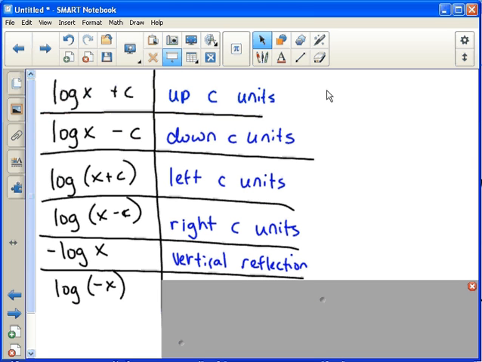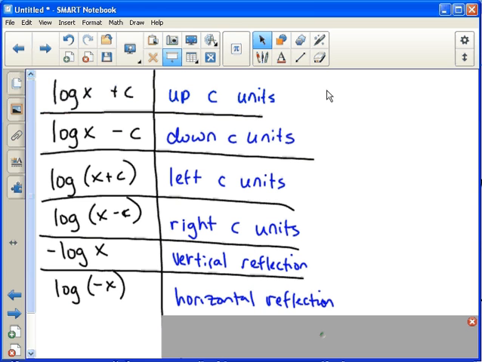Okay, so a vertical reflection is also a reflection across the x-axis. Now in this last one, it's log of negative x, so it's only applying to the x, which means it's only a horizontal movement, so this would be reflecting it horizontally. Or you could also say it is reflecting it across the y-axis. So the negative log of x is an up-down flip, and the log of negative x is a left-right flip.